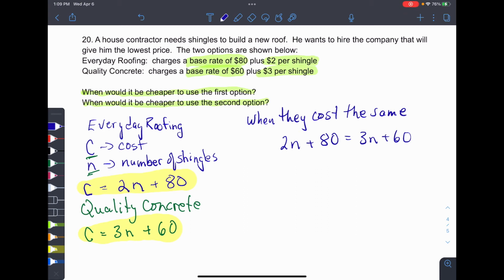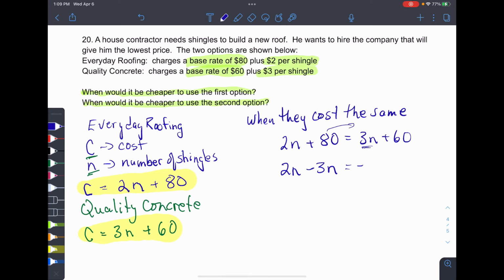So now if we look at this, this is an expression that just has one variable n, so we can solve for it. We'll bring everything that involves n onto one side and everything else onto the other. So we'll keep the 2n where it is, but we'll move that 3n to the left side. And when we do that, it changes from positive to negative. And when we do the same thing for the plus 80, we move it to the other side.